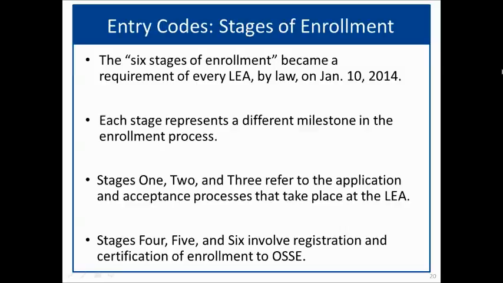In terms of the 6 stages of enrollment, ADT can accommodate all of them, so you would just need to ensure that the dates that represent each stage in that process are captured. And if you do not have space to capture a distinction, for example, between stage 4 and stage 5, you would want to connect with your student information system vendor to ensure that this is captured and configured so that you can send those dates to OSSE.